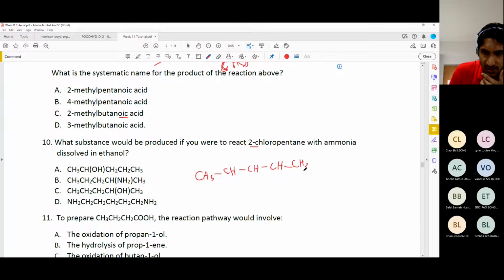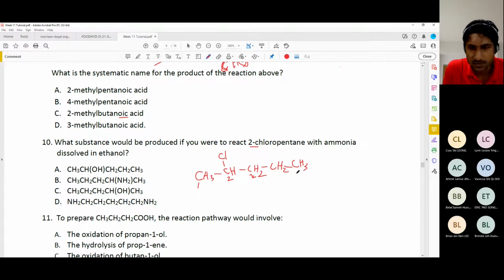All right, so here it will be CH3, here it is CH2, and there is a chlorine attached to this carbon. So this is a 2-chloropentane. 1, 2, 3, 4, 5 carbon, right? So methane, ethane, propane, butane, pentane.